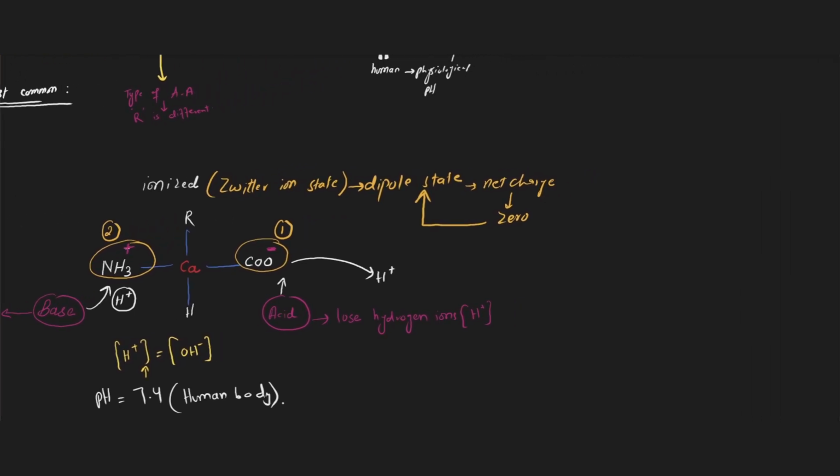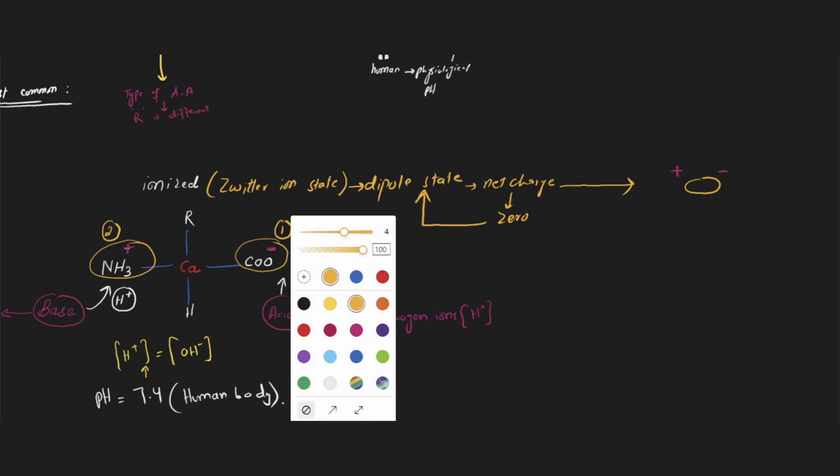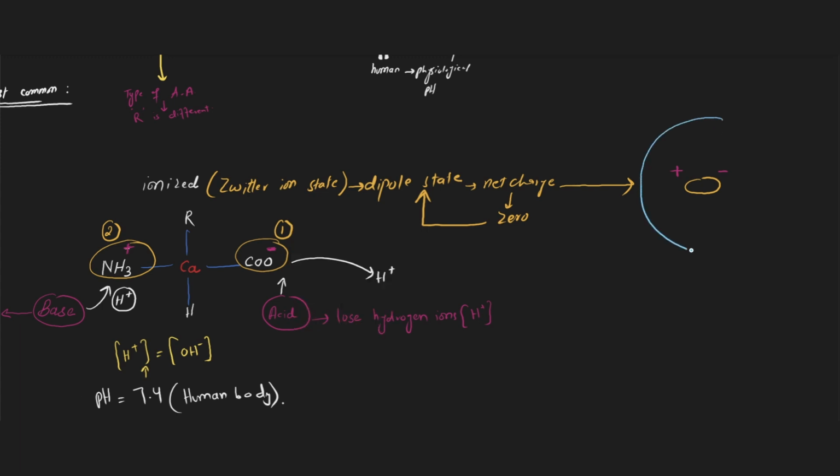Now, for example, we place this Zwitterion, an amino acid with charges on it, a positive charge on one pole and a negative charge on the other pole, in an electric field.